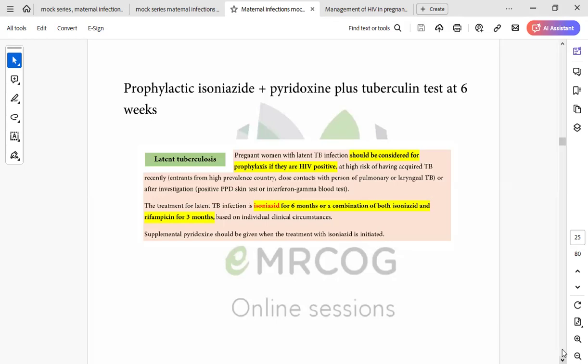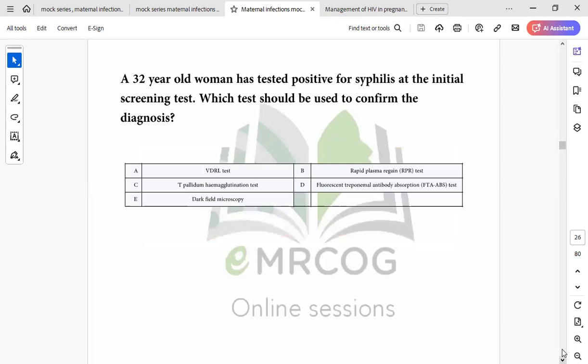Okay, I know TB is really ugly. The neonate usually is not going to need anything, but we can test him. And he can take the vaccine, of course. He can take the BCG vaccine. TB is a disease that usually is going to affect the mother more than the baby. This is why we focus more on the mother.